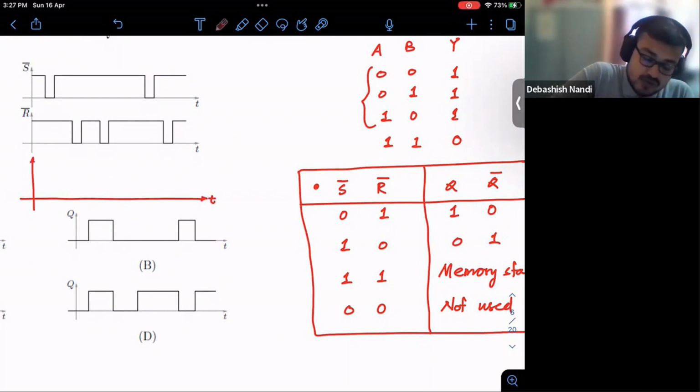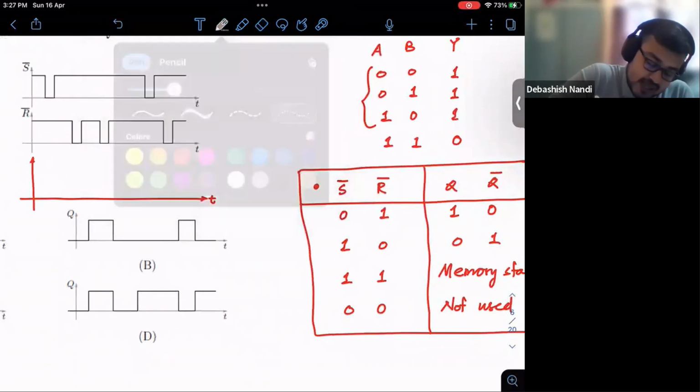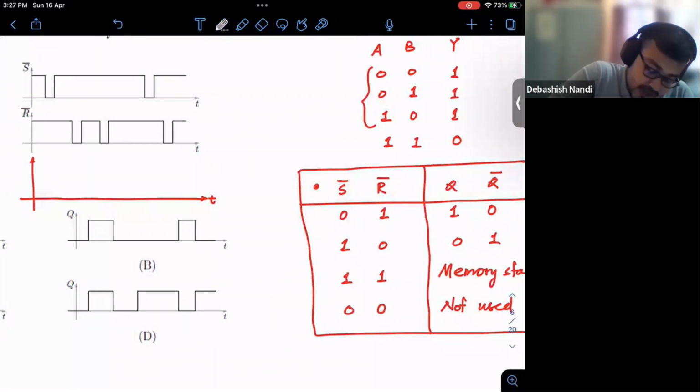So the way to do it is, let me just draw some vertical lines, okay? This is nothing but the time instance at which one of the inputs is changing, okay?